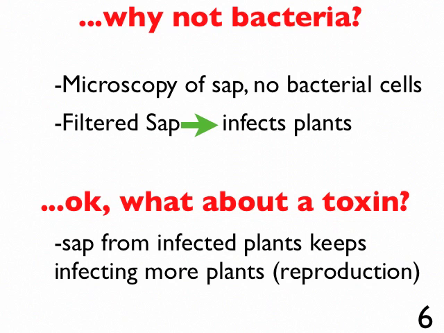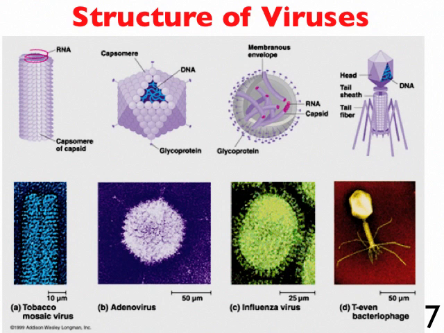And they did this over and over and over again. If it were a toxin, we would expect it to get diluted each time they passed it through a new plant. But what happened was, every time they passed the sap to a new plant, the new plant got sick. So somehow this thing that was making the plant sick was reproducing itself. So we know it's reproducing, but we know it's smaller than a bacterium. This is something new.